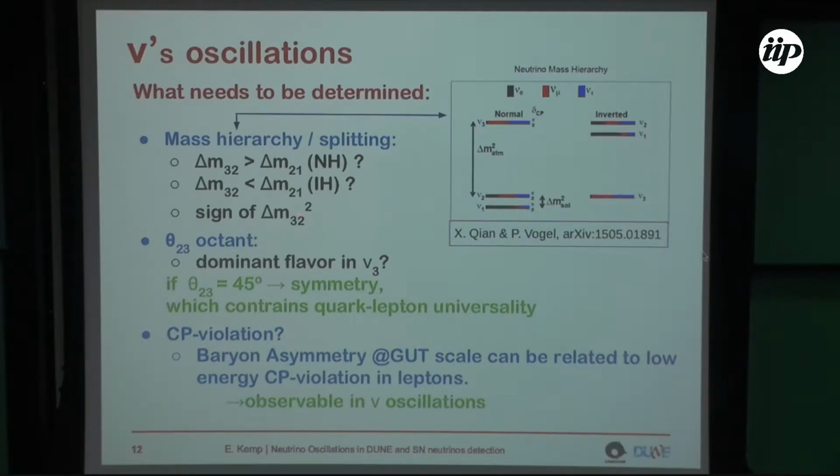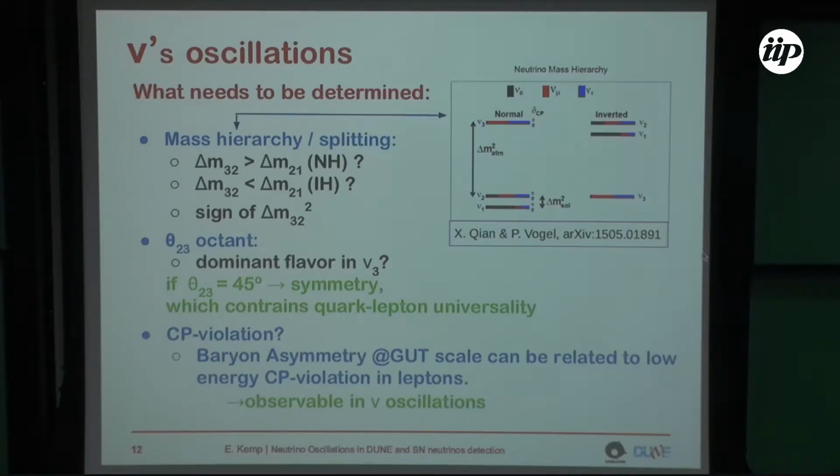And also the sign of this mass splitting, we don't know, and it can affect the oscillation probabilities, as I will show you in a few slides.